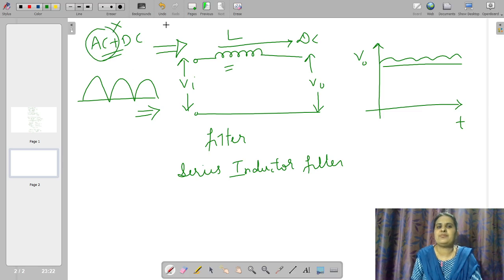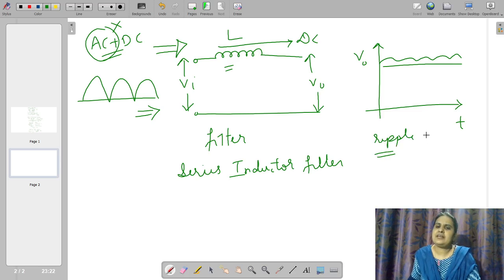Therefore, the AC component cannot reach the output. By mistake, or somehow by the concept of an AC which is forced to flow, some of the component may try to reach, but the percentage of ripple present at the output here is very less.